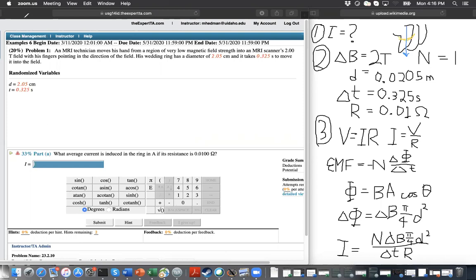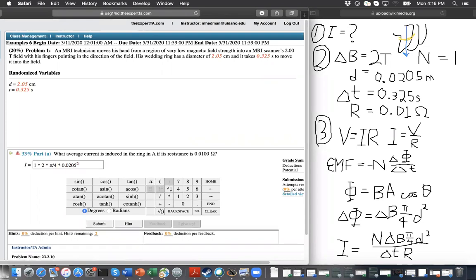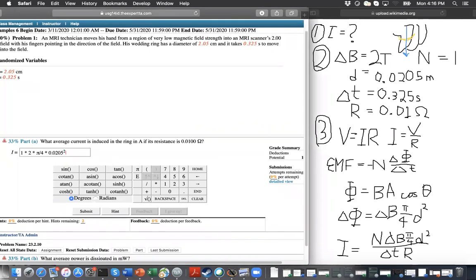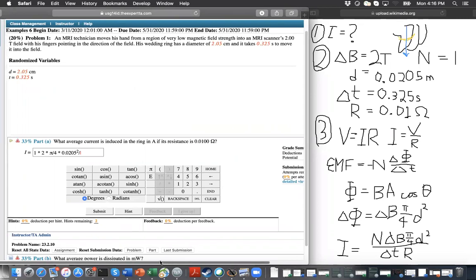So let's try this out. Let's try and enter the numbers. So we have N, which is 1, times the change in magnetic field, which is 2, times pi over 4, times the diameter squared, which we've got to remember is in meters, divided by 0.325 seconds, divided by 0.01 ohms.